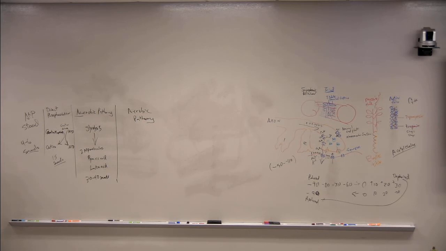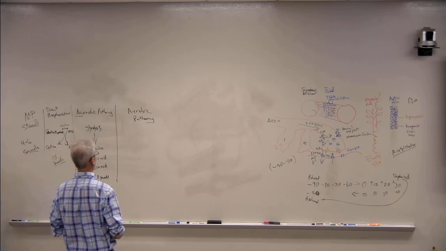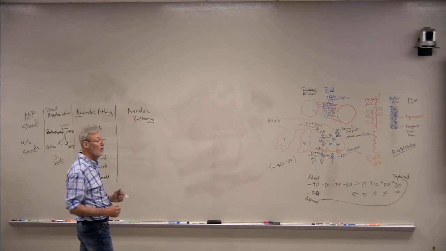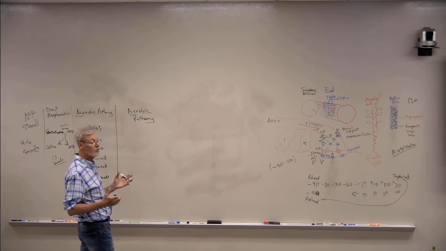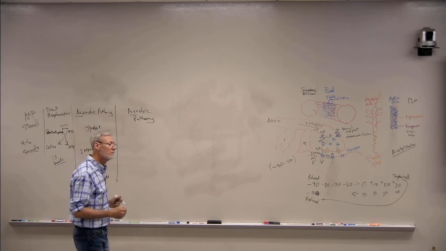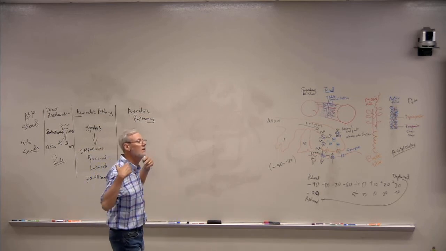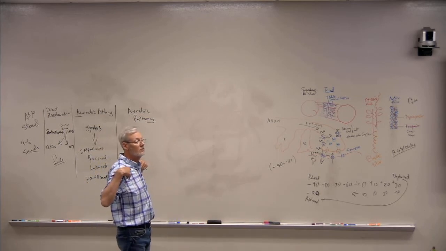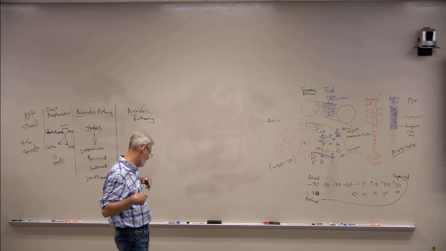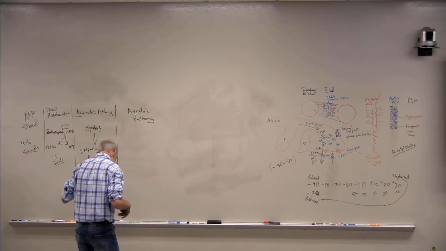So, this aerobic pathway, you got to breathe. By the way, when you run the marathon, are you running as fast as when you run the quarter mile? No way. But when you're running for miles and miles and miles, you're sucking in oxygen, you're making ATP.